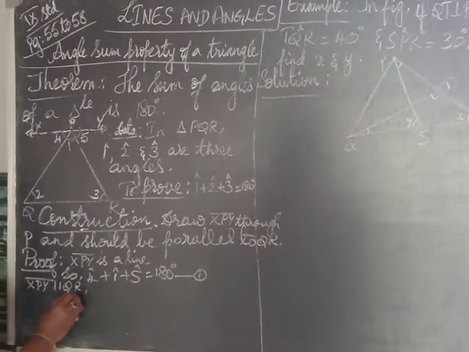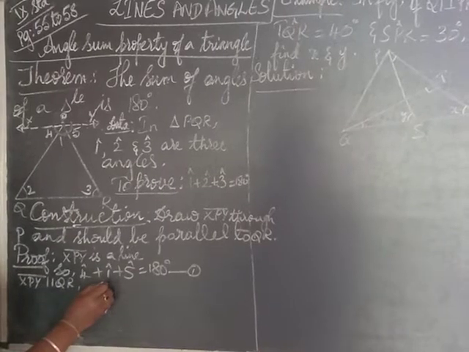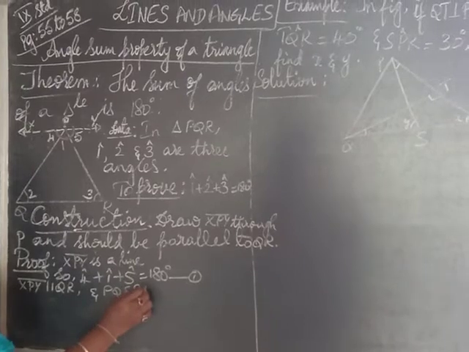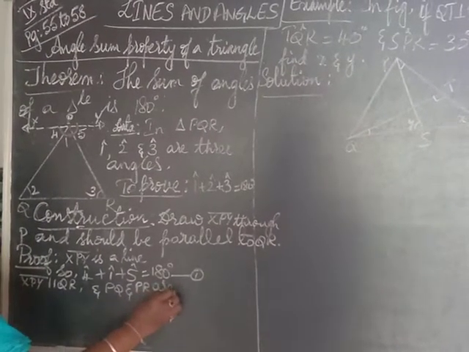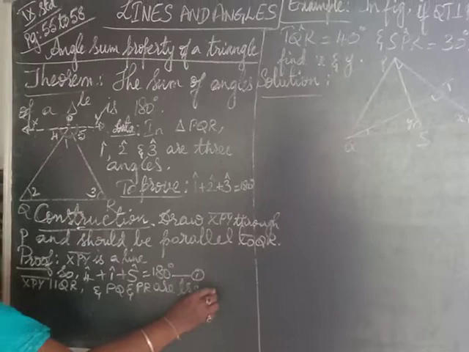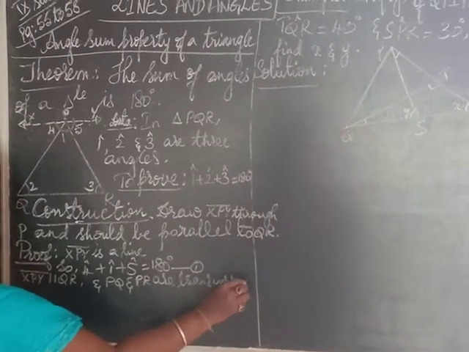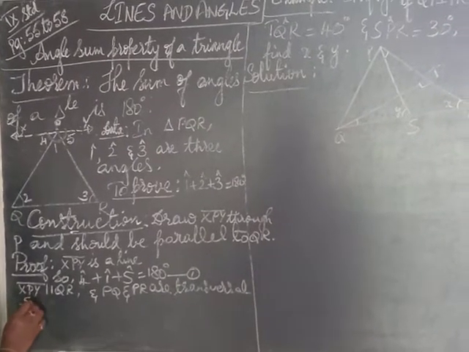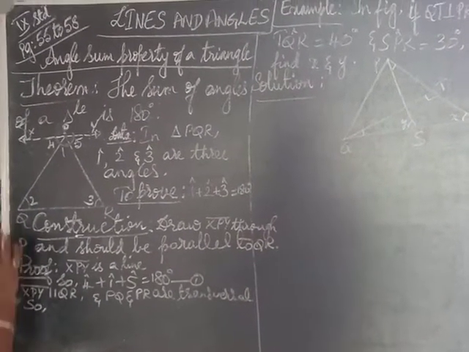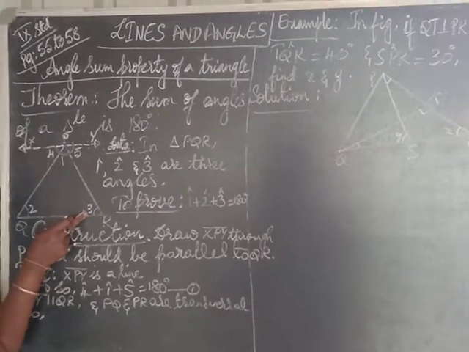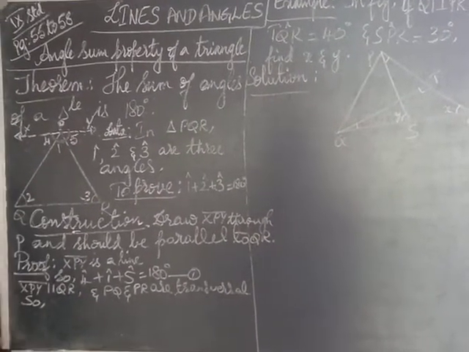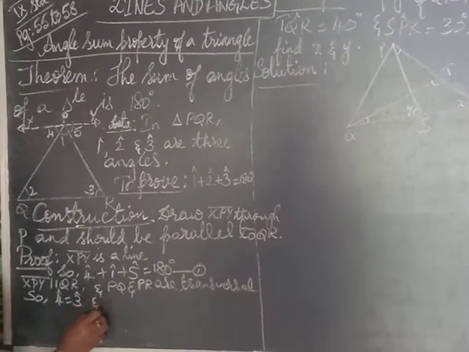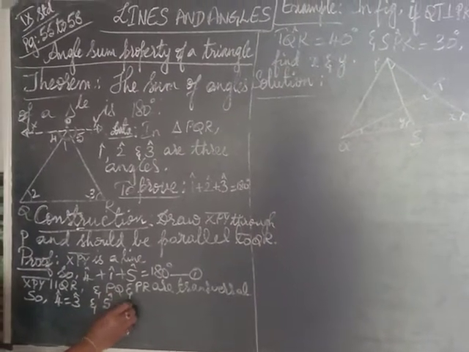Since PQ and PR are transversals to the parallel lines, understand, children? PR and PQ are transversals. So we get two pairs of angles: angle 4 and angle 3, angle 5 and angle 2. So angle 4 is equal to angle 3 and angle 5 is equal to angle 2.